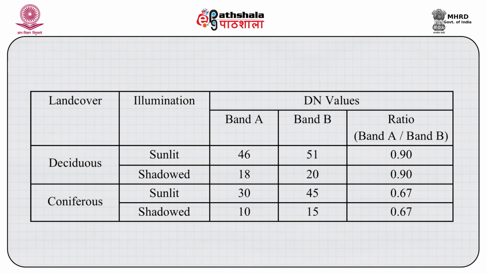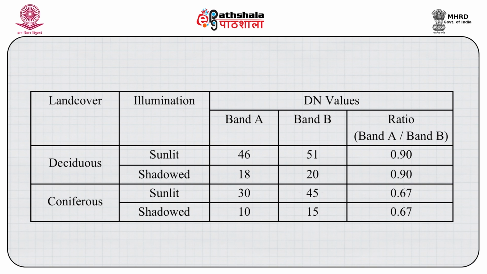But if we look at the ratios of these bands, for deciduous trees in sunlit area, the ratio of band A to band B, that is 46 divided by 51, comes out to be approximately 0.9. Similarly, in the shadowed area also, the ratio of band A and B is also equal to 0.9. So, we can say that the ratio of band A and B is not varying depending upon the illumination of the land feature.